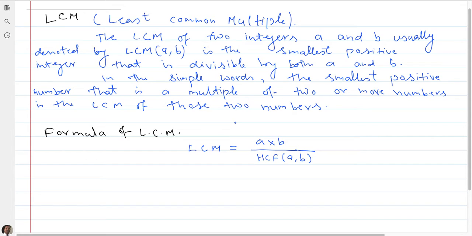Now I will take one example for better understanding. Example: find the LCM of 50 and 65.